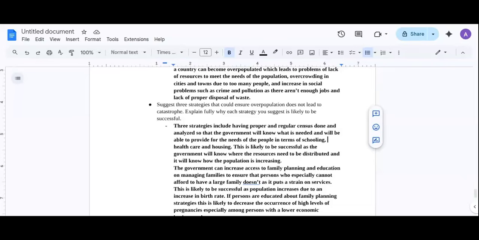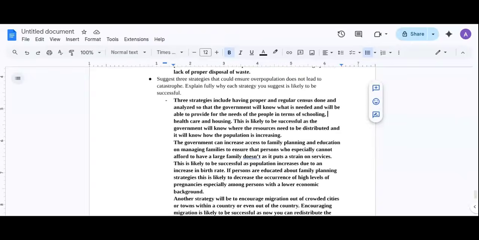This is likely to be successful as population increases due to an increase in birth rate. If persons are educated about family planning strategies, this is likely to decrease the occurrence of high level of pregnancies, especially among persons with a lower economic background.